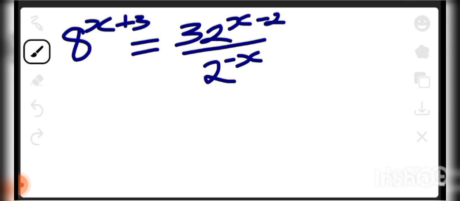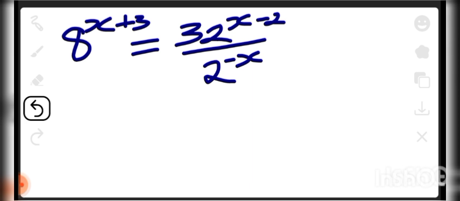How do we do this? Okay, the first thing, break all the bases to be the same. Ensure all of them will be the same thing at the end. So what can you raise to the power, and the answer will be 8, 32, and 2? It's 2. 2 will work out.